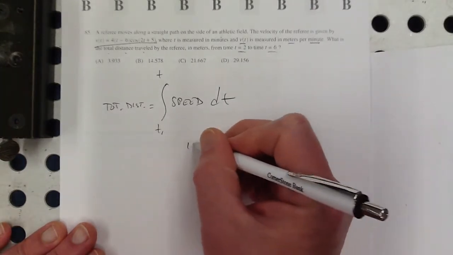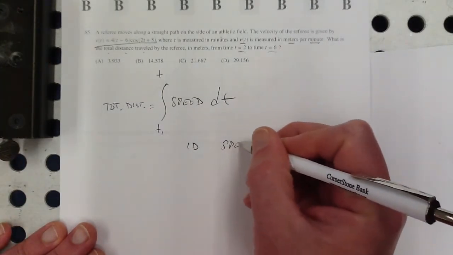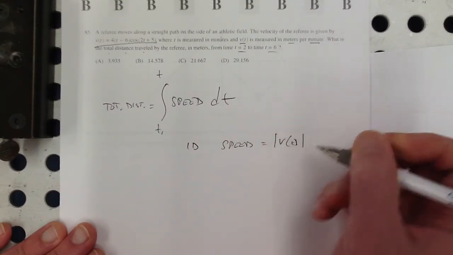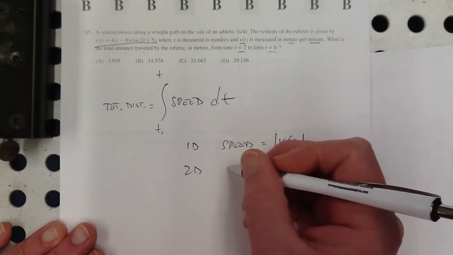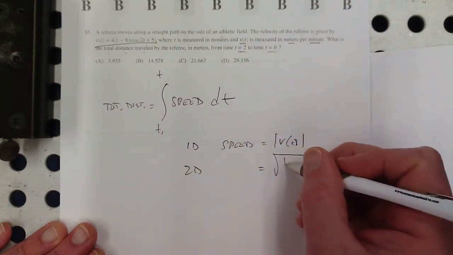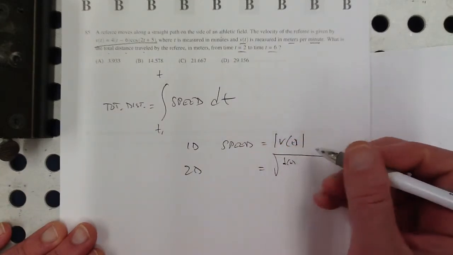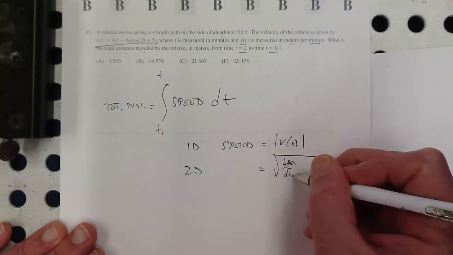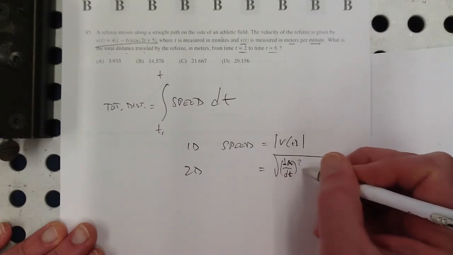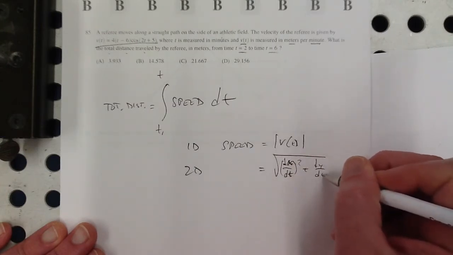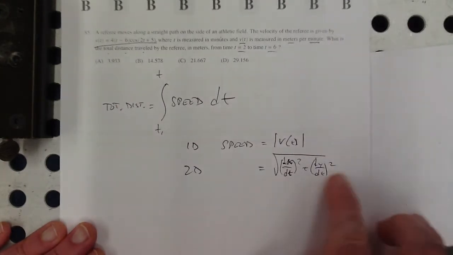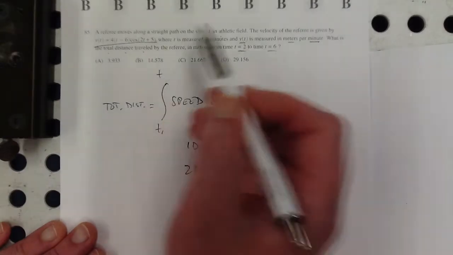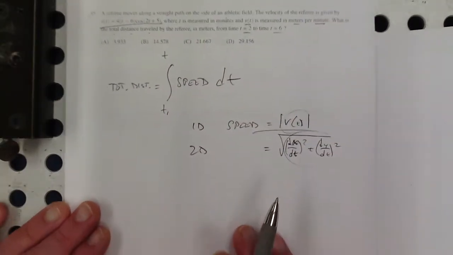And speed in one dimension is just the absolute value of velocity, and in 2D, speed is the Pythagorized components of the velocity, right? It's that magnitude. So either way, you've got to find the integral of one of these expressions. This is just one-dimensional, so it's just this.